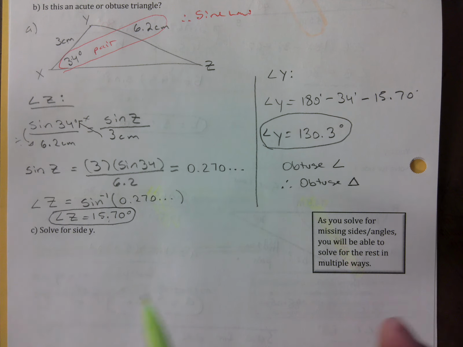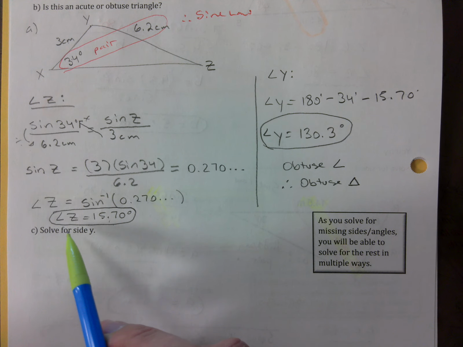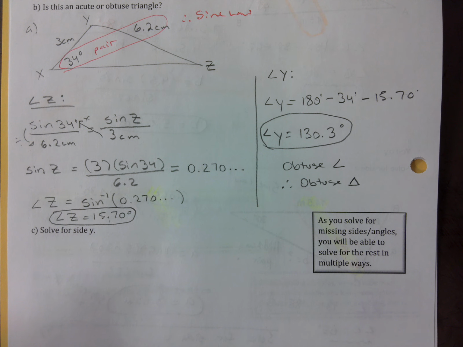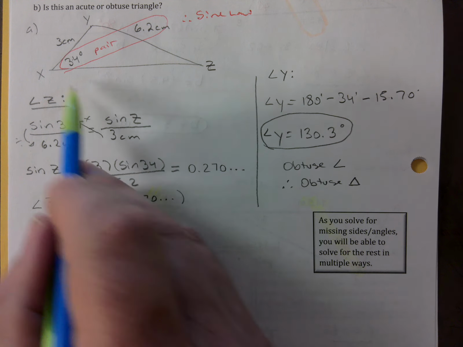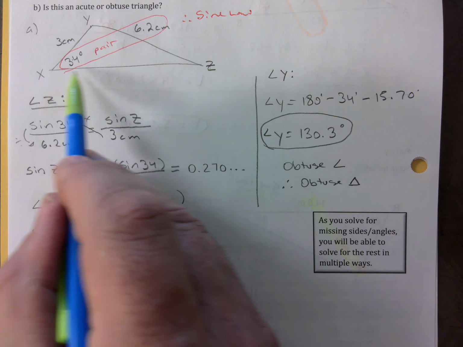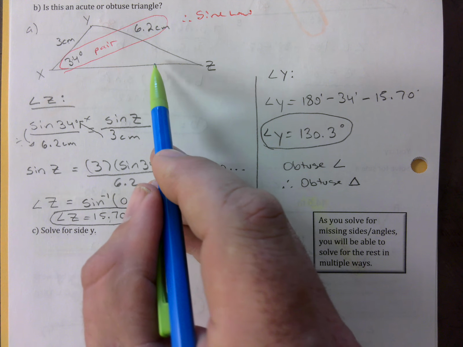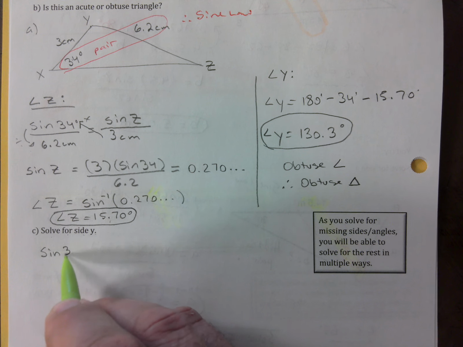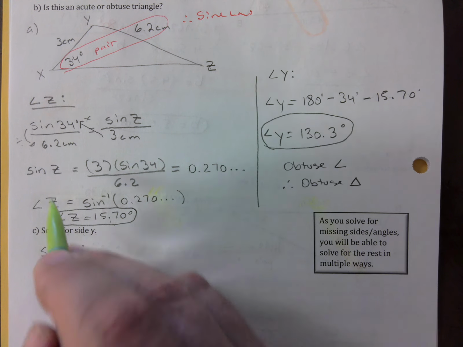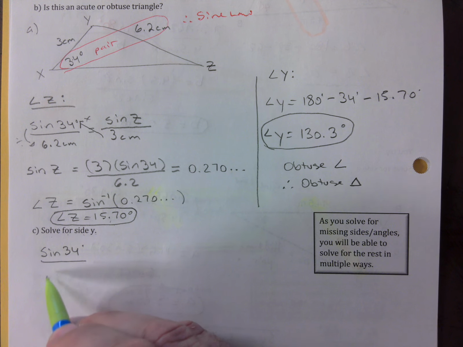I take it one step further. So, by the way, this is going to take us back to what I started with today, this morning. It says, solve for side Y. We want to know that last side that's still remaining. Okay? Watch this. I'm going to start with a pair just like before. 6.2.